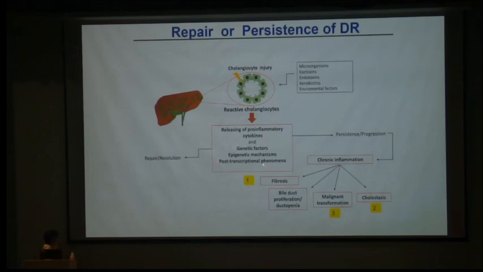Depending on how this balance goes, it leads to persistence or progression. The first step is fibrosis, second is cholestasis, and then malignant transformation. If I miss or say anything wrong, please pardon me, this is not my area.